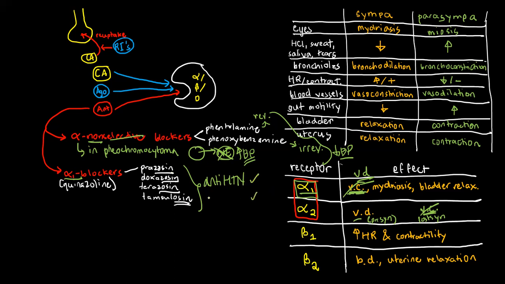Another use is for a condition called BPH, which is benign prostatic hyperplasia, wherein the prostate gland, so we're referring to males, becomes very large such that it now blocks the path of the urine through the urethra. So people, usually we're talking about middle-aged men with BPH, find it very difficult to urinate.